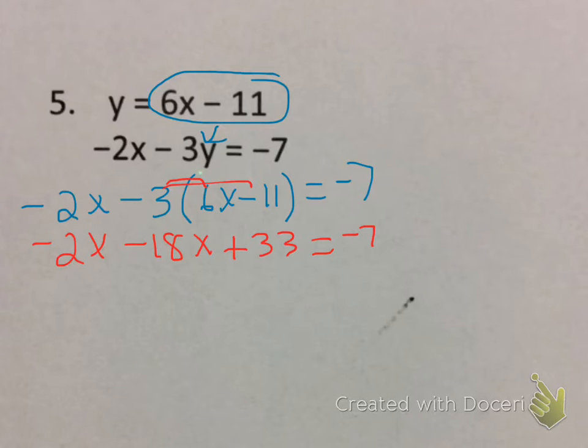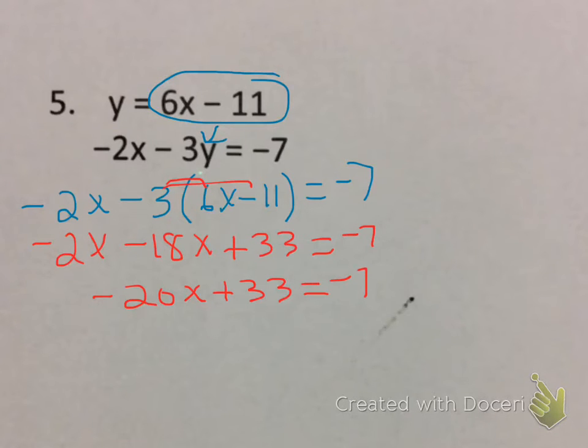So I'm going to continue to solve this by combining like terms. Negative 2x and a negative 18x makes a negative 20x. So I have a negative 20x plus 33 equals a negative 7.